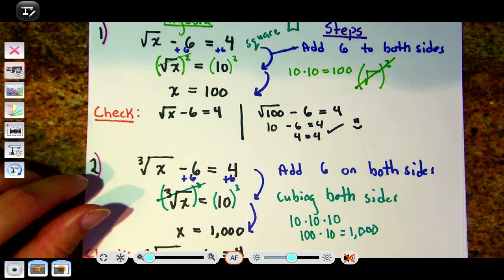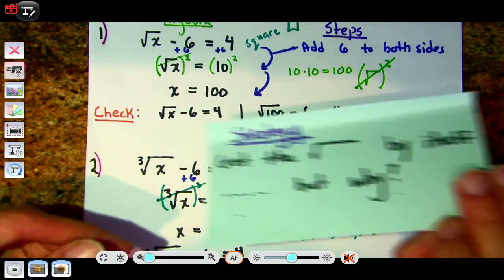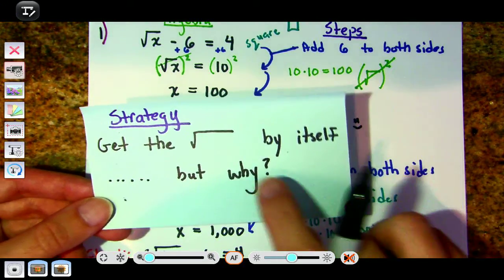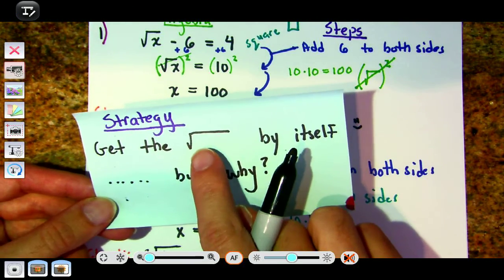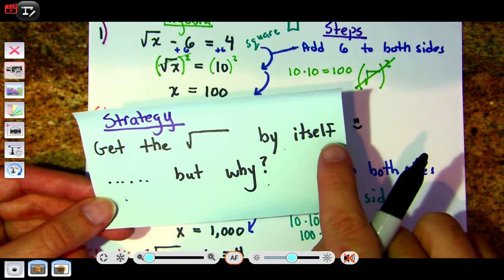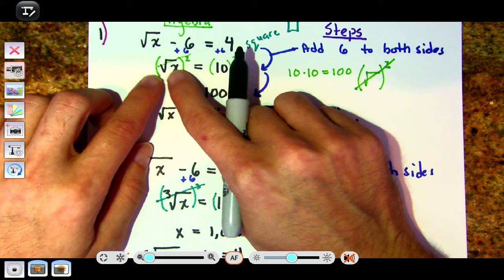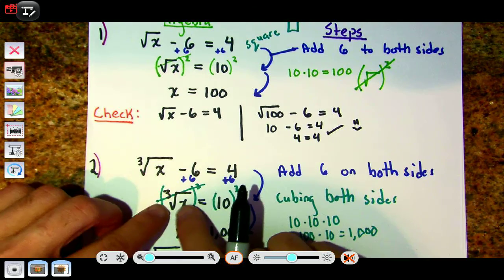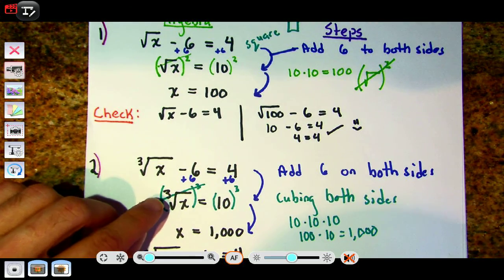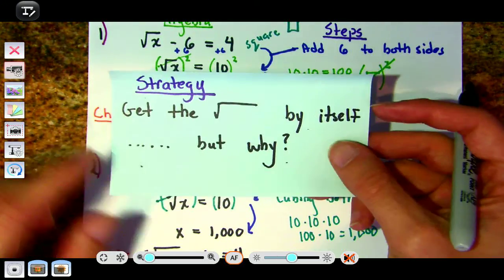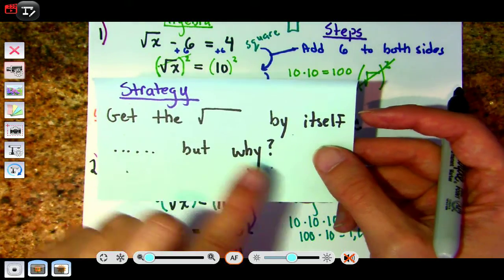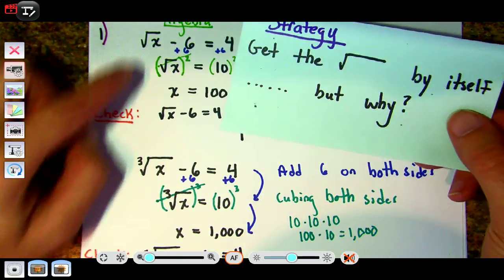What's the strategy we want? We want to get the square root by itself. Notice that here in this problem we got this square root by itself, and here we got the cube root by itself. Why do you want to get the square root or the cubic root by itself?